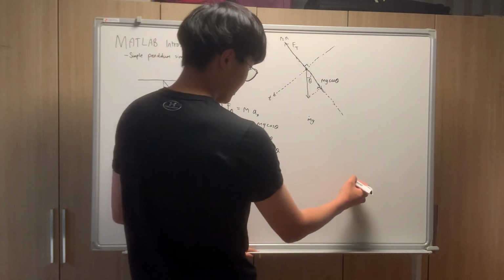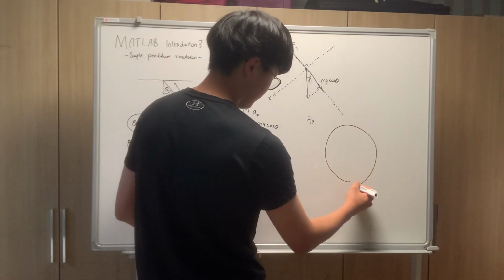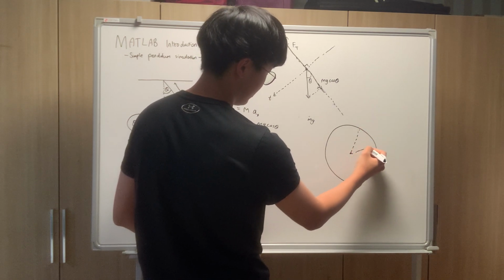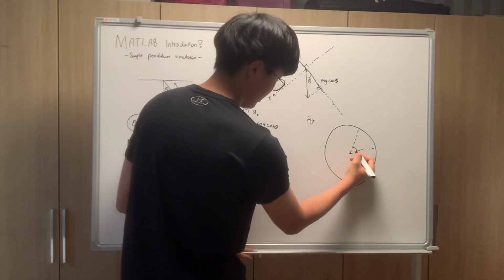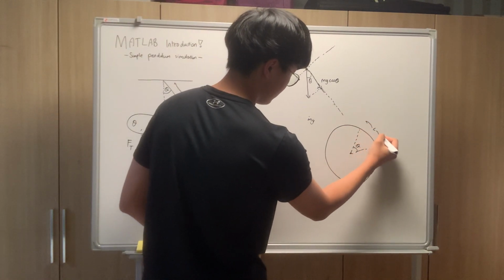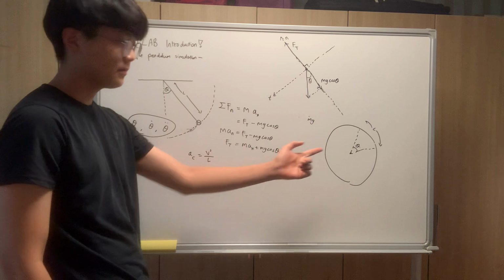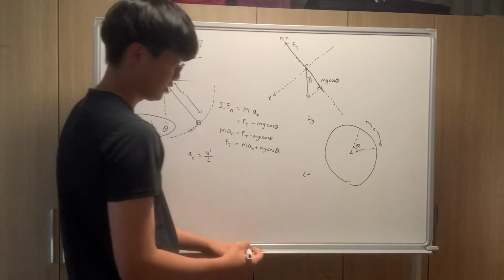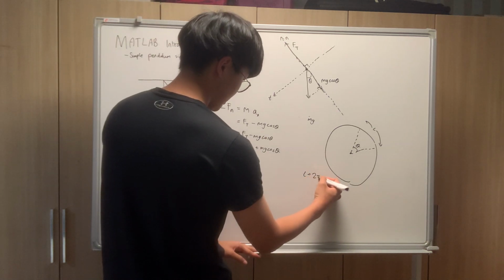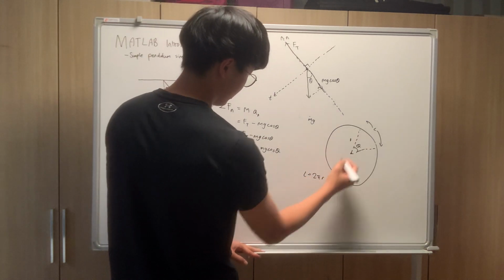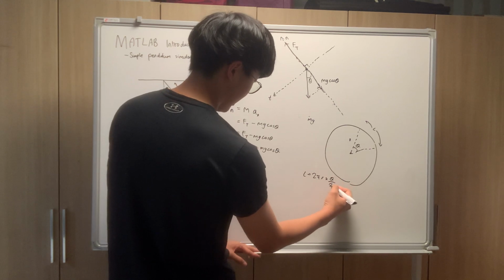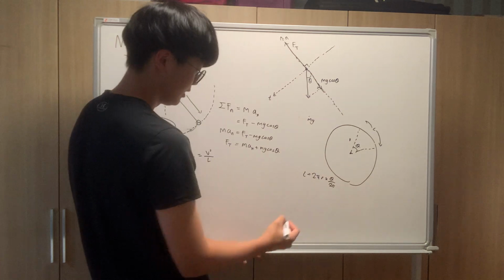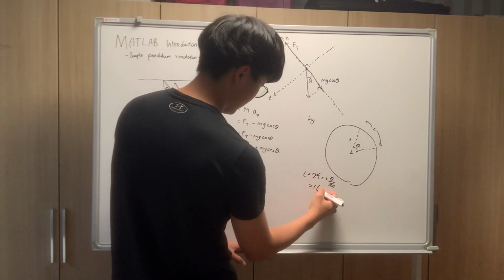Well, we could prove this by looking at a circle and saying that, if arc length is the linear quantity and theta is the angular quantity, well, we know that arc length is going to equal the circumference, which is r, times theta over 2 pi, because that's the ratio that theta takes in terms of the whole circle, and so we get L is equal to r theta.